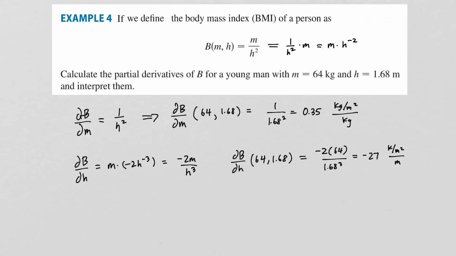Now, of course, it's very unlikely that someone would grow by 1 meter, because 1 meter is a lot for somebody to grow by, but it gives you an idea that as somebody gets taller, their body mass index comes down. So this is a good way to evaluate how the body mass index changes when we change one variable but hold the other variable constant.